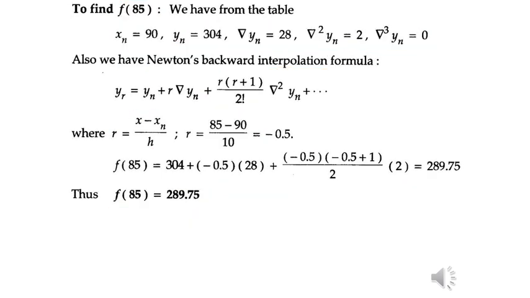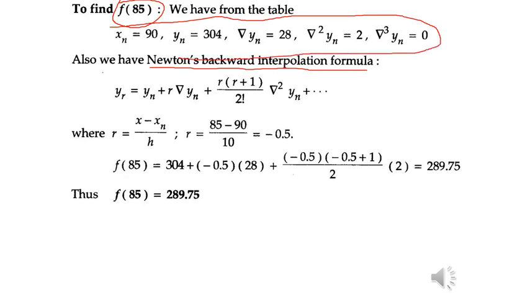Now let us find f of 85 using a backward interpolation formula. As we require, we collect the values of xn, yn, nabla square yn and all, which have to be substituted in the formula here. Let us find r now. The value of x is 85.